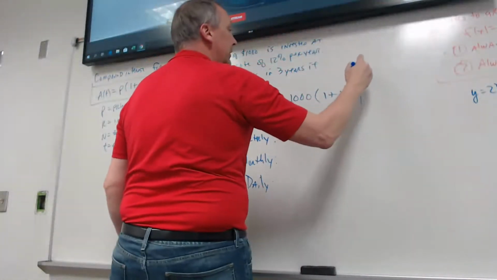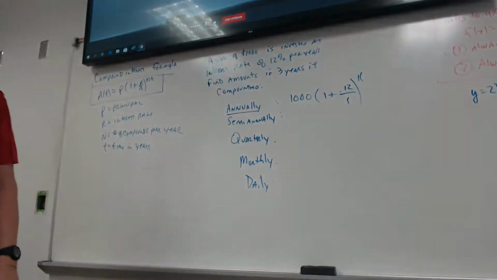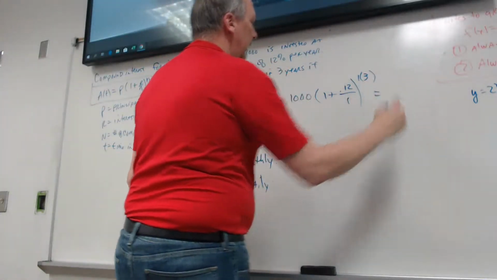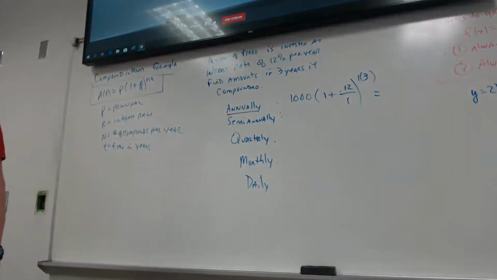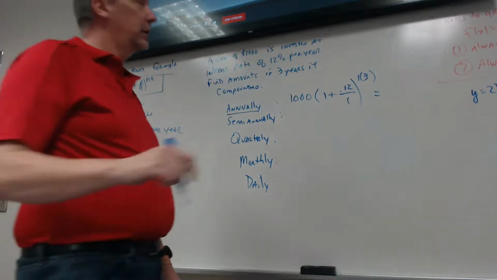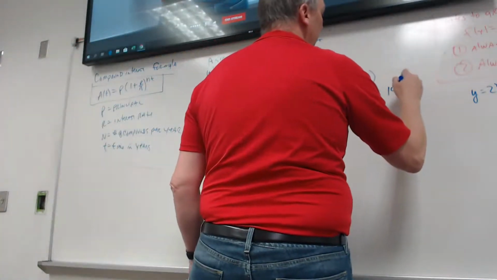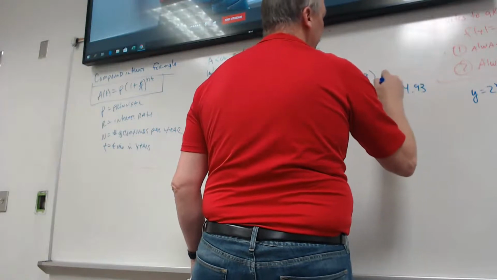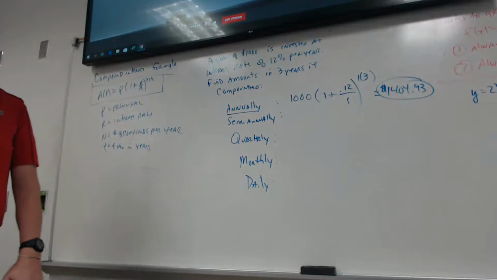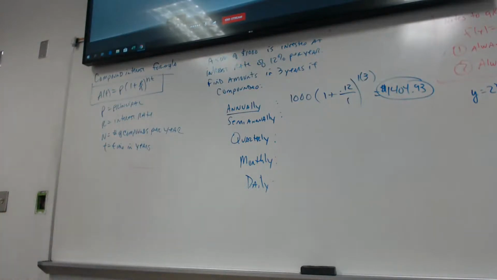Once to the 1 times how many years? 3 years. Okay? Now, what I'd like everybody to do is go ahead and type that in your calculator, and hopefully you should get 1404.93. So let's take a few seconds and make sure that you can punch that in correctly.